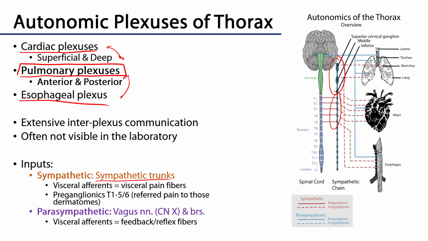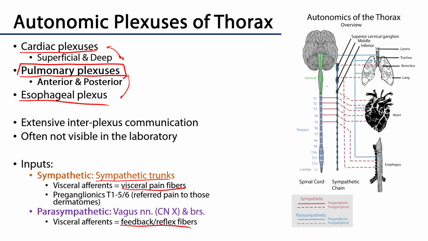Keeping in mind that the visceral afferents that accompany the sympathetics are the visceral pain fibers. The visceral afferents that are associated with the parasympathetics, which we'll get to, are associated with various autonomic feedback and reflexes. But let's step back to the sympathetics for a second.